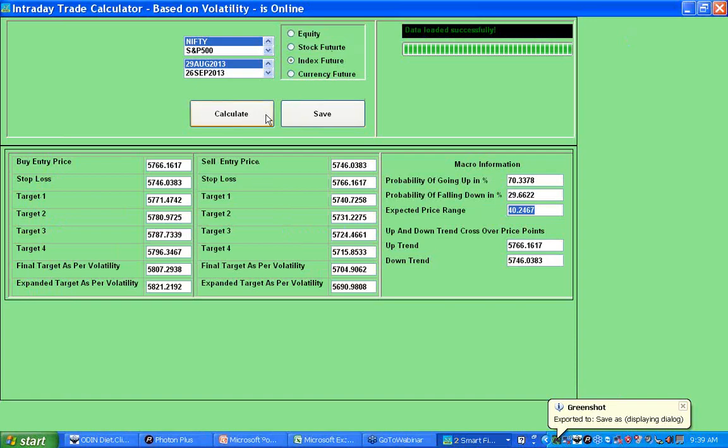And in fact, we can take it for some currencies also. Suppose for currencies I am taking USD INR 28th August, and I will be hitting the button the same way.